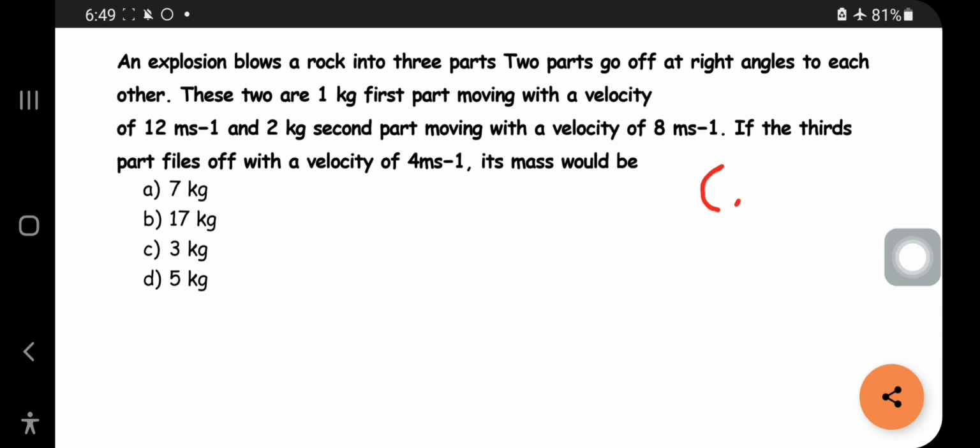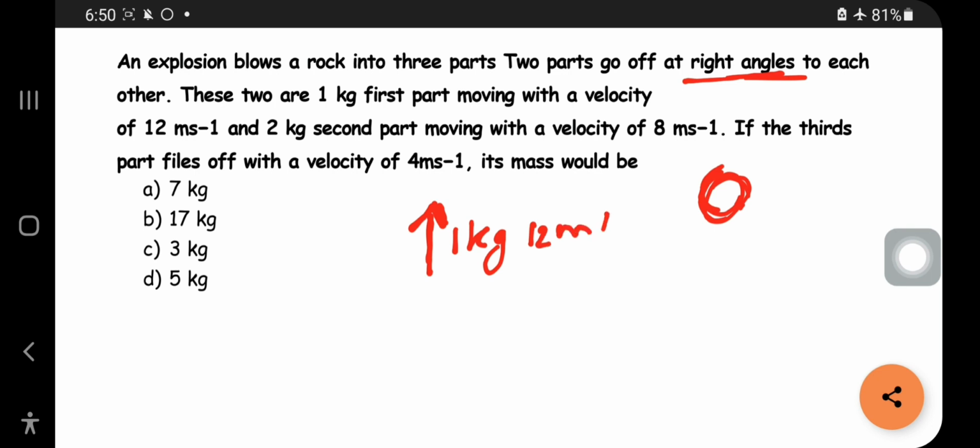So the bomb is blasting, and the parts are moving at right angles. That is an important point. Which means 1 kg is moving with 12 meter per second, and another is at a right angle, 2 kg with 8 meter per second.